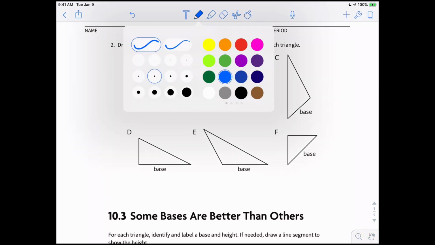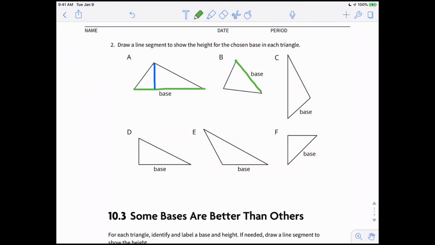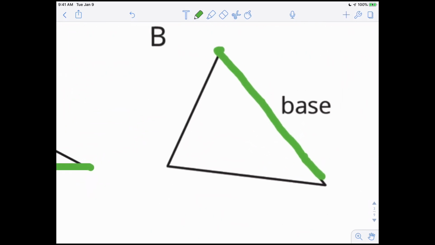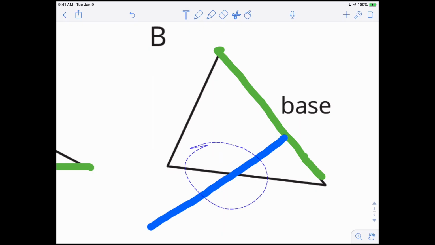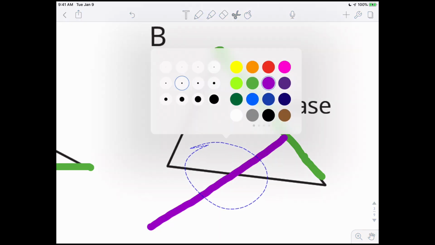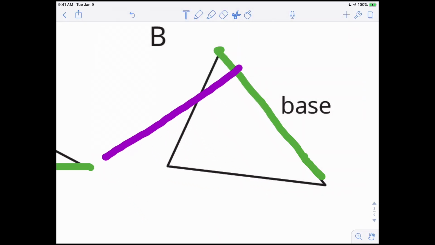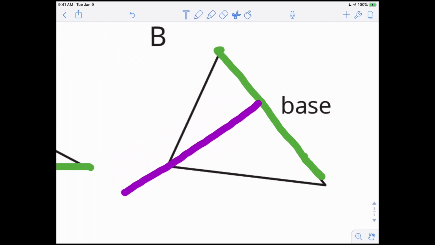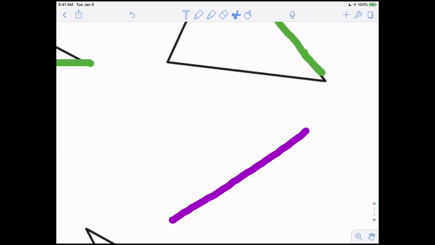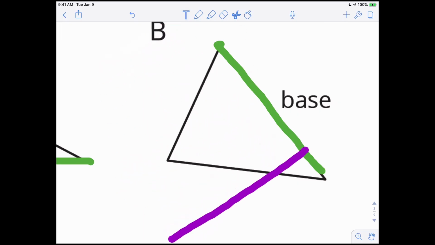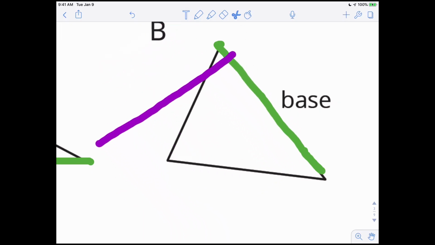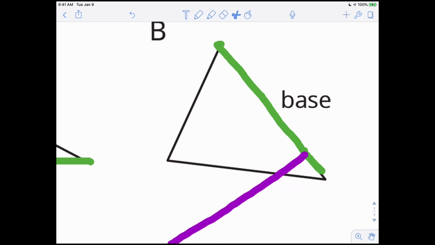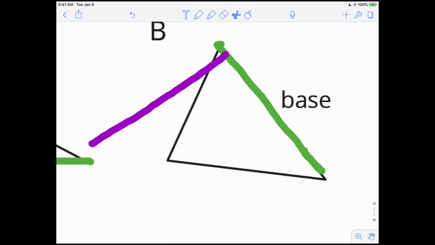Okay, and so this one, if this is the base, I'm going to zoom in a little bit. We know that the height has to be perpendicular. In fact, I want to make that purple, because let's be consistent. So there it is. We know that this is going to be the height finder. As I drag it along the base of the triangle, that's going to indicate where we're going to see where the height is.